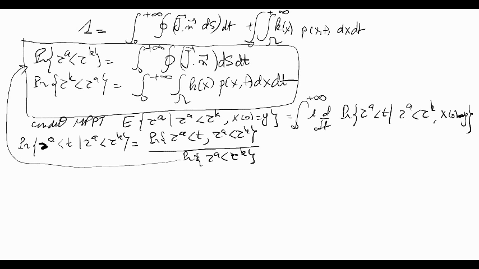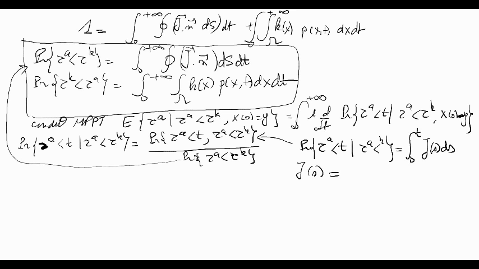And the probability that tau_A is less than t and tau_A less than tau_k can be written as exactly the probability flux. So the particle has escaped alive before time t. This is exactly the integration from 0 to t of the flux density J(s) ds, where J(s) is the integration over d omega of the flux j dot n ds.